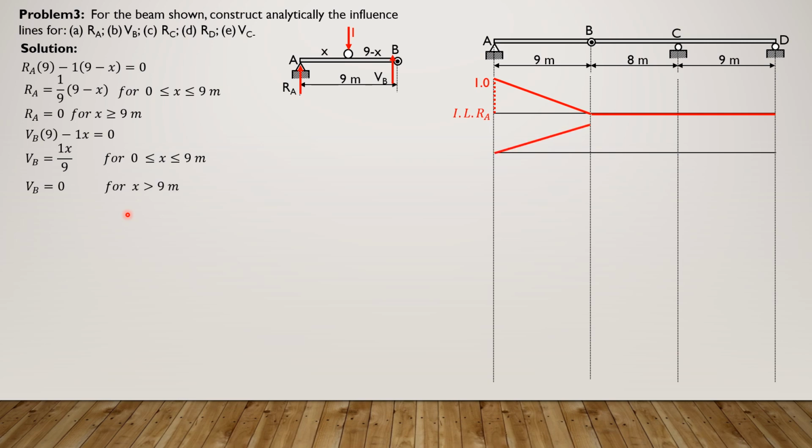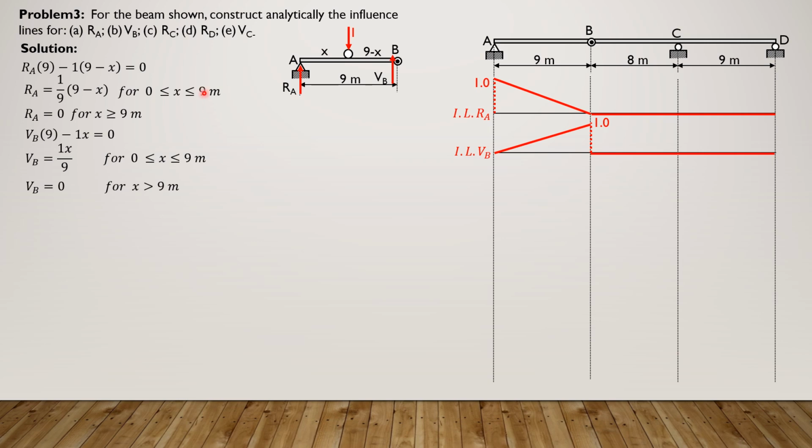So it is 0 when X is 0, 1 when X is 9, but just to the right of 9 onwards, shear at B is 0. So the FBD looks like that. So this is the influence line for shear at B, or vertical reaction at B.